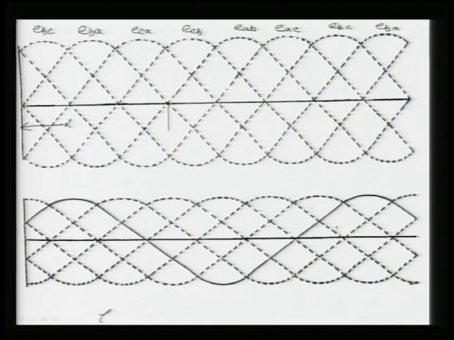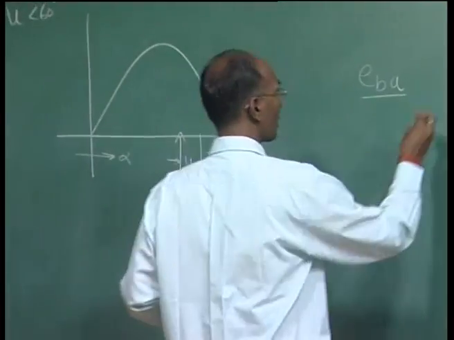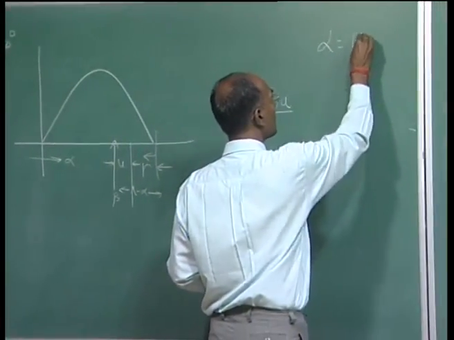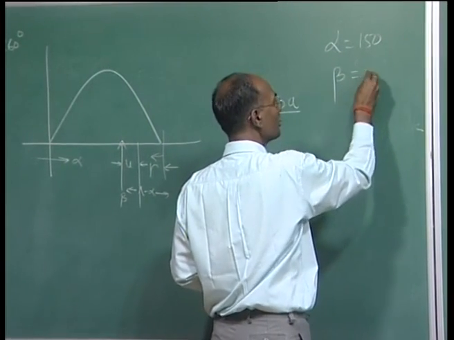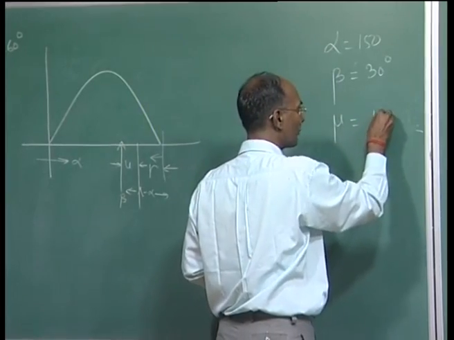This is 60, this is 60, and this whole portion we are talking about is 180 degrees. So, it is 1 part, 2 part and 3 part, meaning 60, 60, 60, which is 180 degrees, and I want to go here. This beta is 30 degrees, meaning alpha here is 150 degrees and beta is 30 degrees. Let us take u as 15 degrees.